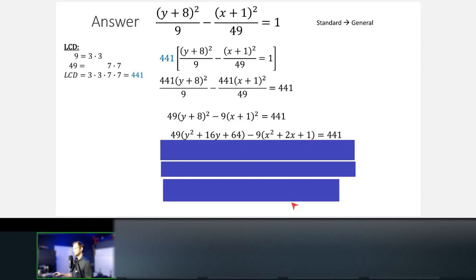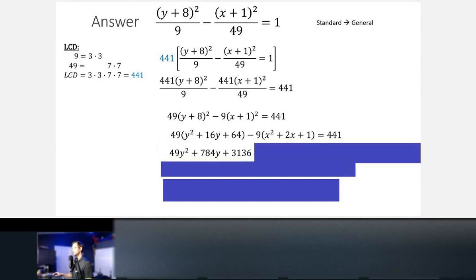All right. What's next? Distributes. Yeah. So 49 times all of that stuff gives you that. All right. What did all of you get for the second half of this side of the equal sign?